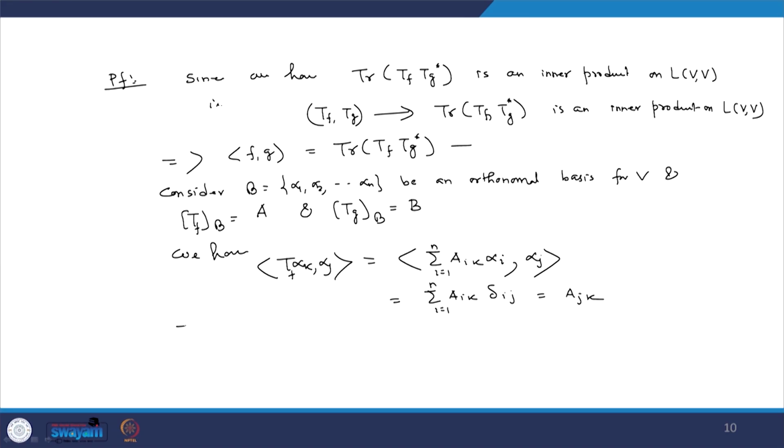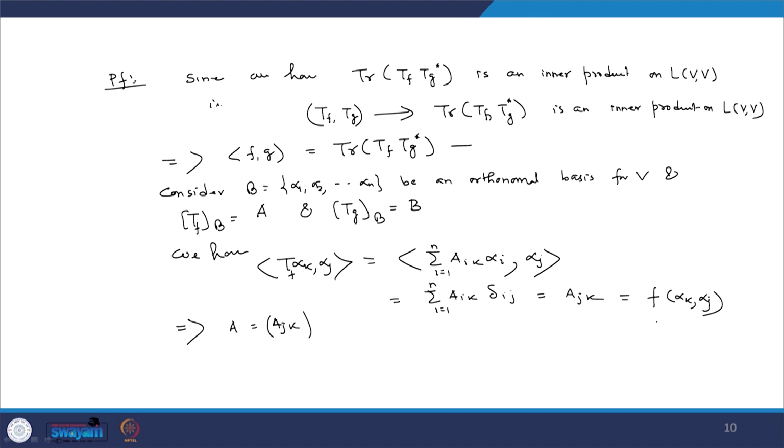So, this implies that the matrix A equal to a_jk, where a_jk is equal to f of alpha k and alpha j, because when i equal to j, only then I will have 1, otherwise it is 0.